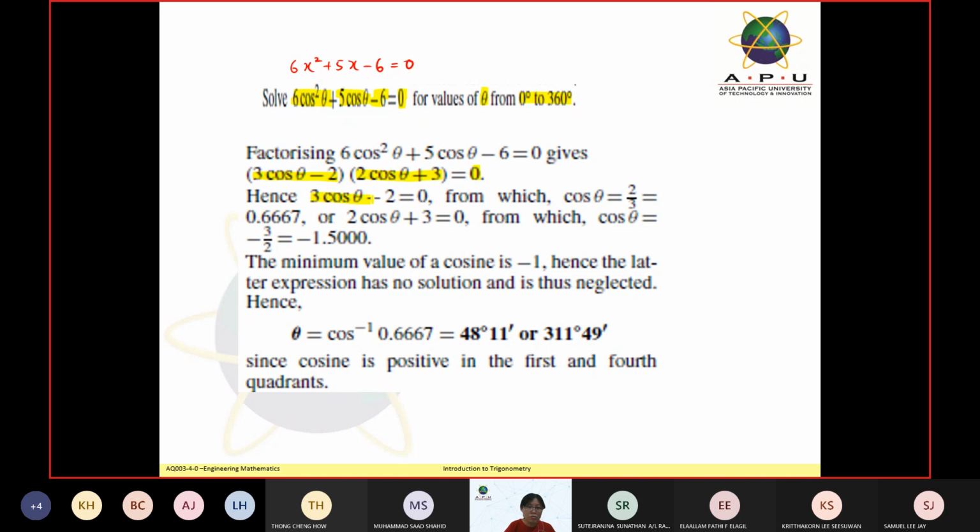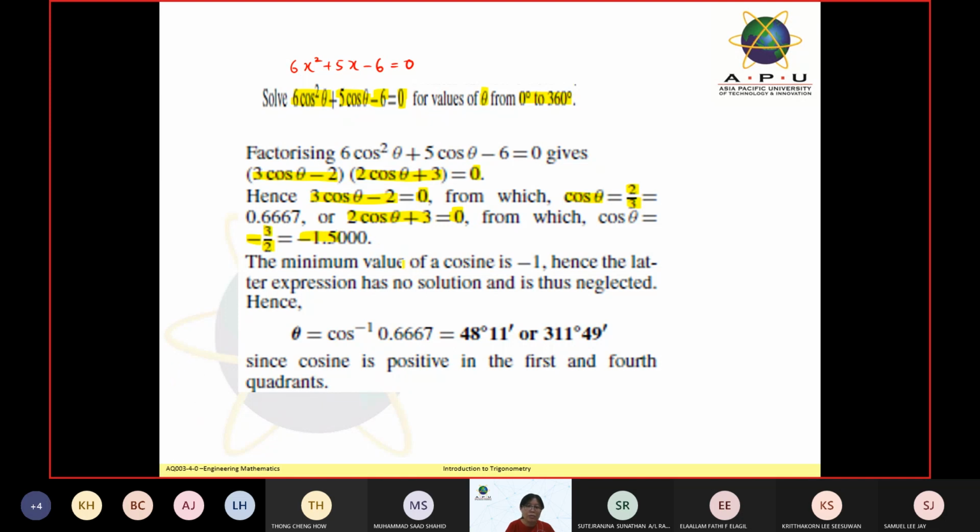So we solve 3 cos theta minus 2 equals 0 and we get cos theta equals 2 over 3. Then the second bracket, 2 cos theta plus 3 equals 0, so cos theta equals negative 3 over 2, or negative 1.5, it's the same thing.